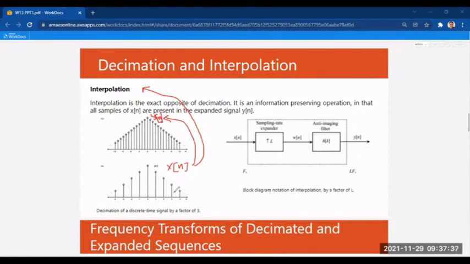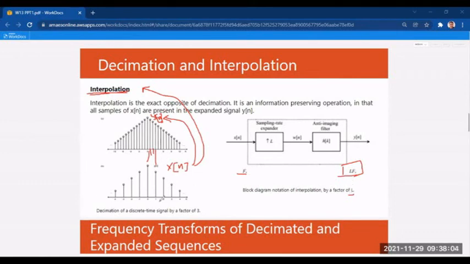As you can see, what happens in interpolation is that the sampling rate increases. In this case, we only have one sample here, but after interpolation, we have 3 samples. So we multiply the sampling rate of our original signal by a factor of L, that is interpolation.